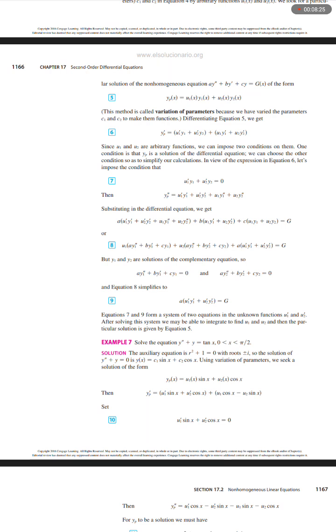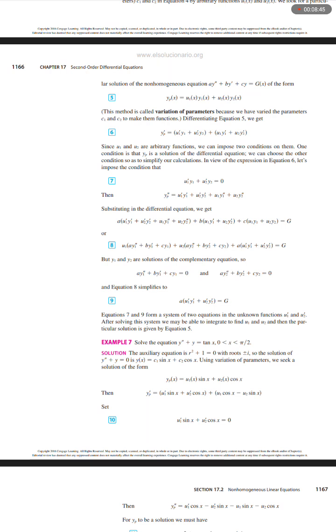Since u sub 1 and u sub 2 are arbitrary functions, we can impose two conditions on them. One condition is that y sub p is a solution of the differential equation. We can choose the other condition so as to simplify our calculations.